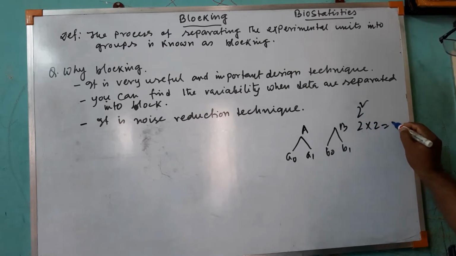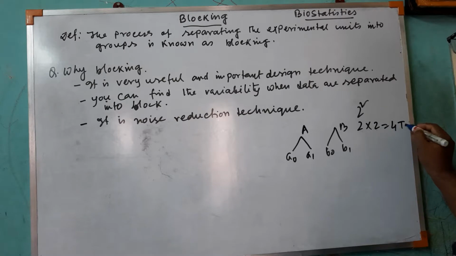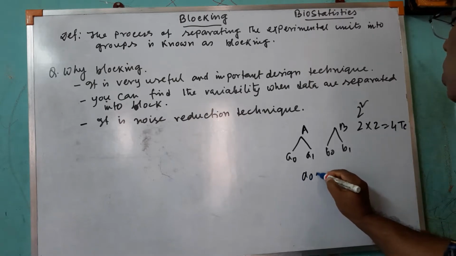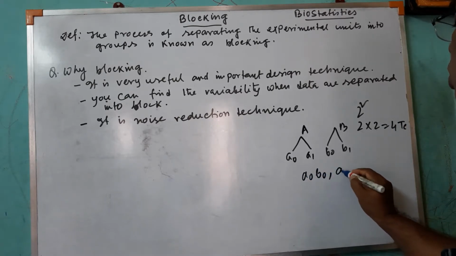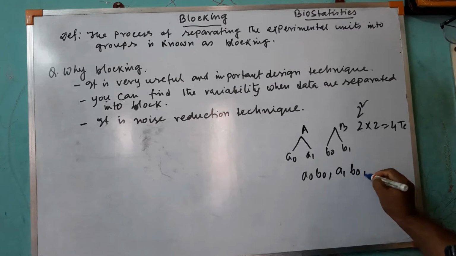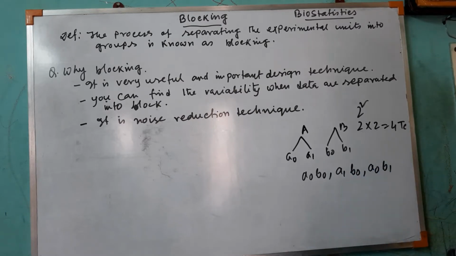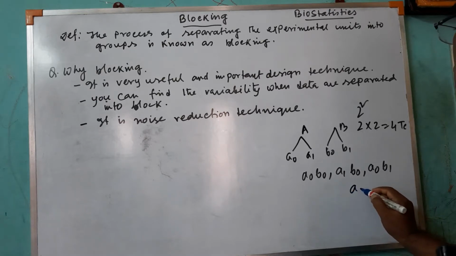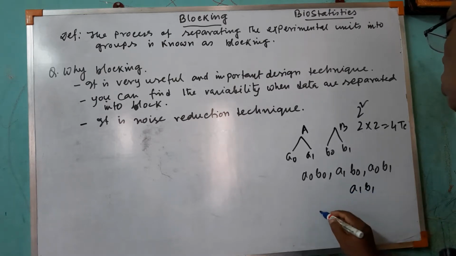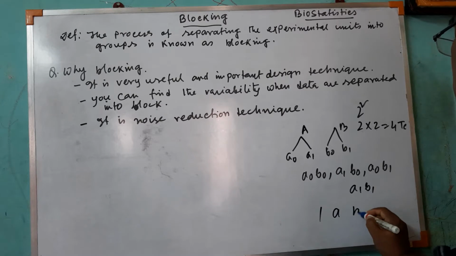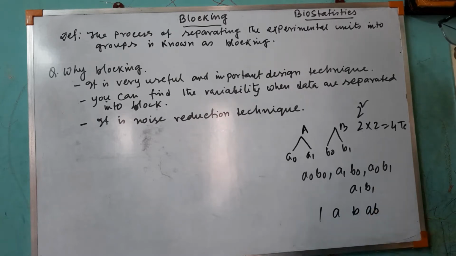This is known as 4 treatment combinations, that is A0 B0, A1 B0, A0 B1 and A1 B1. That means 1, A, B, AB. These are the treatment combinations for the 2 square factorial design.